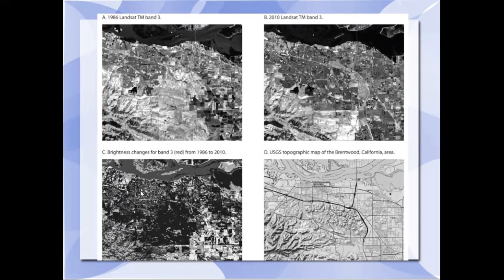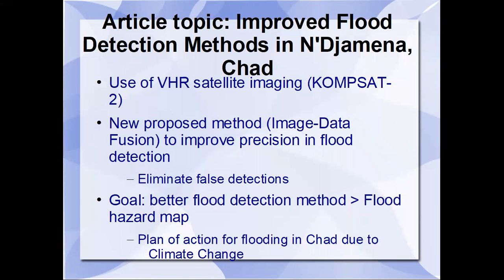This is where the computer picked up the difference in the values, and that value was negative in that area. So that shows that there is a negative change there, and that's the image that is created. And the last image is just a topographic map of the area.